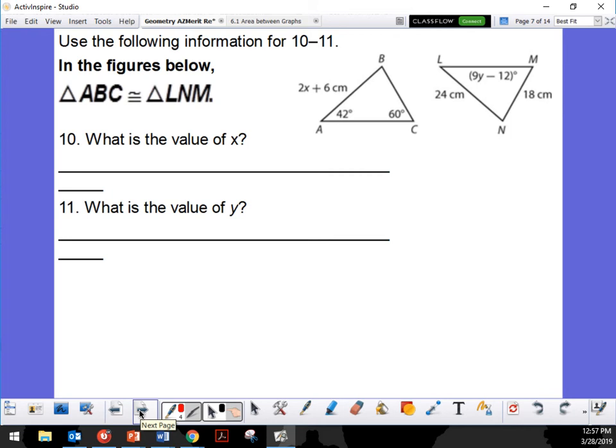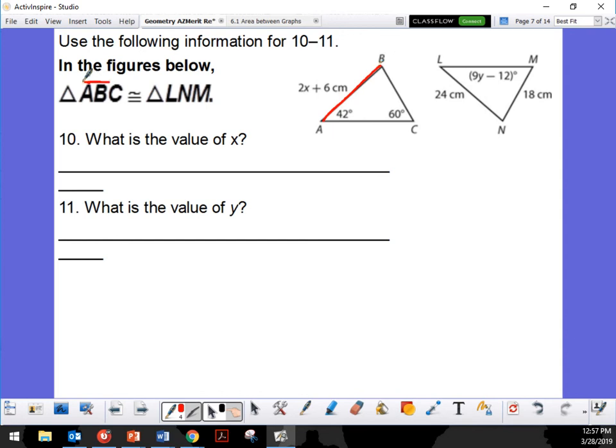Use the following information for 10 through 11. Okay, in the figure below, triangle ABC is congruent to triangle LNM. Okay, AB. What side is AB congruent to? LN, right? Why do we know that?